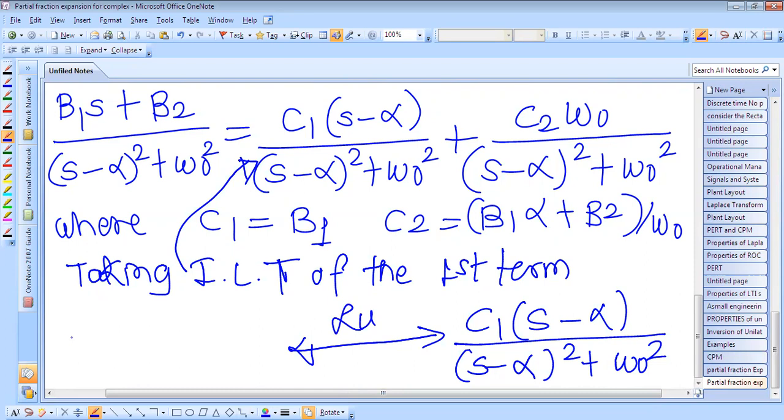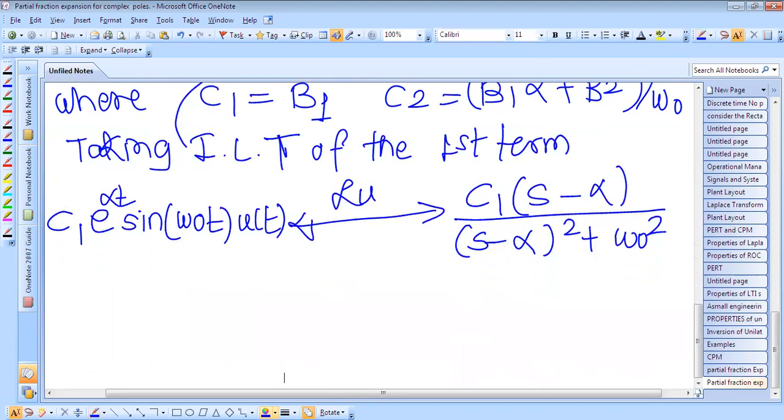So the constant c1 is here, then e raised to the power alpha t times sine of omega naught t times u of t. So this is the inverse Laplace transform of the first term.